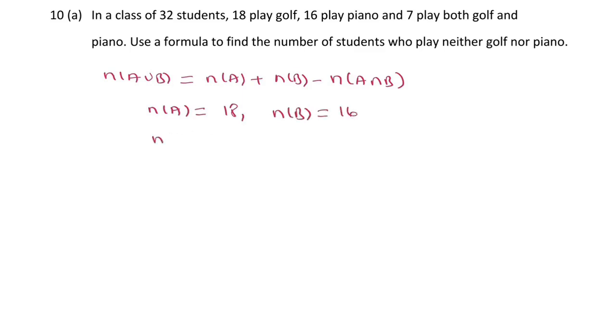And number of A intersection B is 7. Number of A union B are those who play either of the two games.